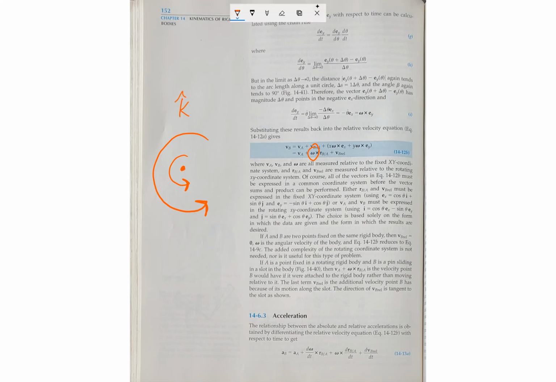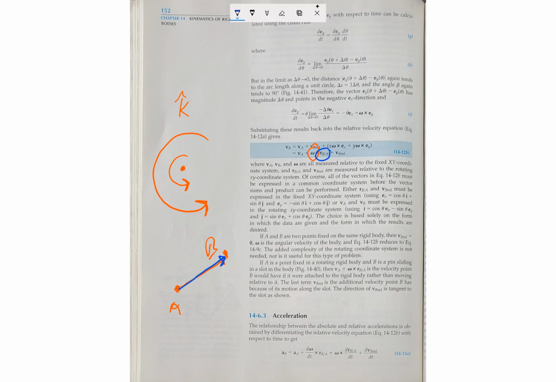Okay, and then the position of B relative to A: A is somewhere and B is somewhere else. So there's going to be some vector going along the plane. Let me change the color on that, and let me circle that vector here, this position of B relative to A. It's going to be this blue vector.